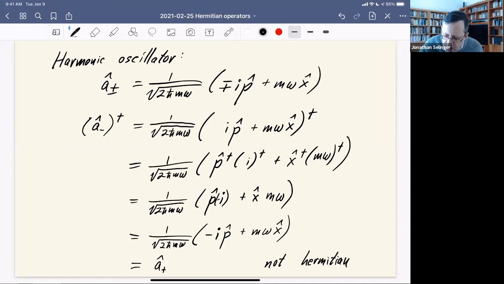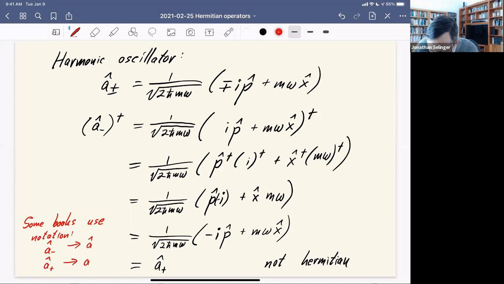In fact, some books use a different notation, where A minus is just called A, and A plus is just called A dagger, meaning Hermitian conjugate. You will often see that in other books, not the Griffiths textbook, but if you go on to other courses, you might see that.